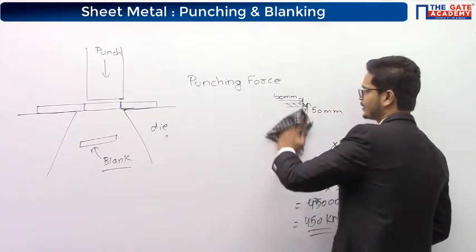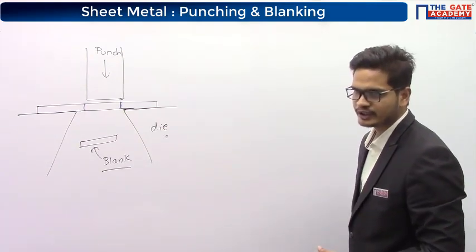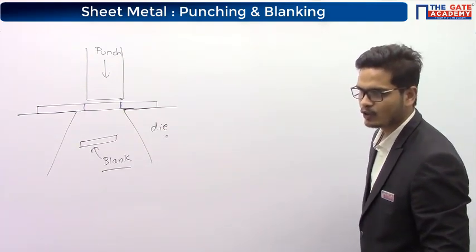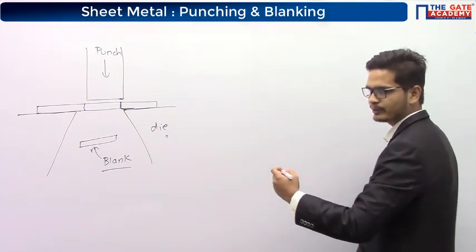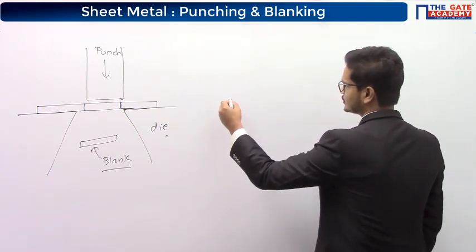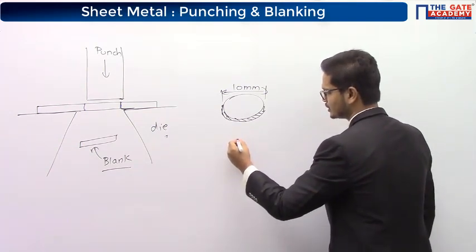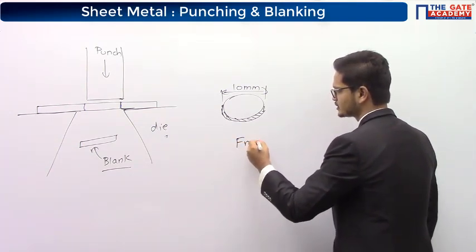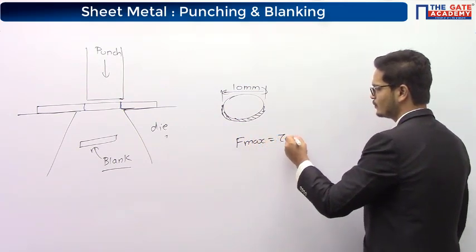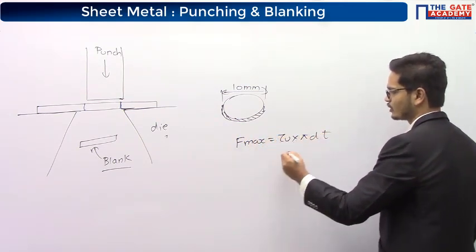Let's try this question. In a sheet metal of 2 mm thickness, a hole of 10 mm diameter needs to be punched. So the punching force F max is tau u into pi d t for a circle.